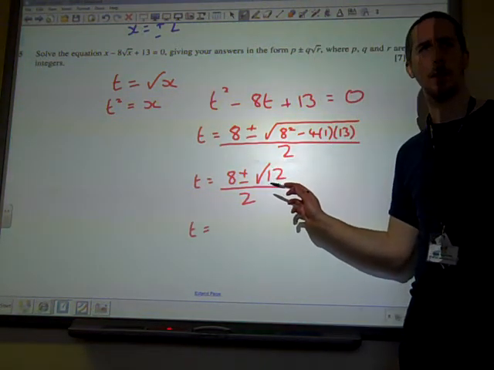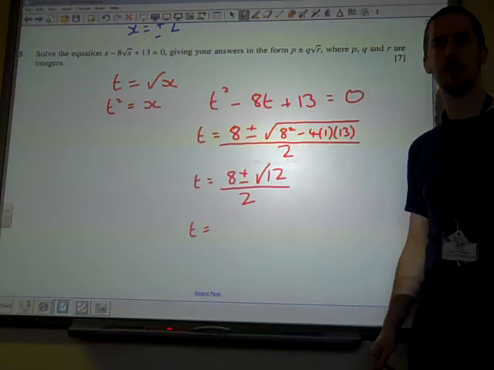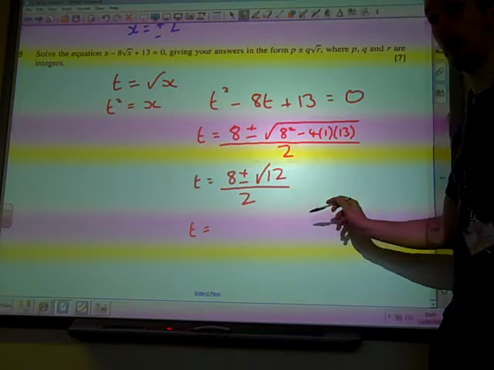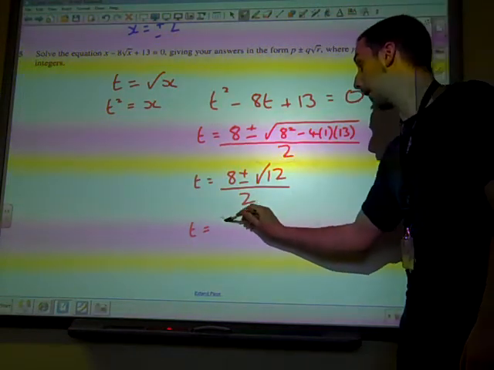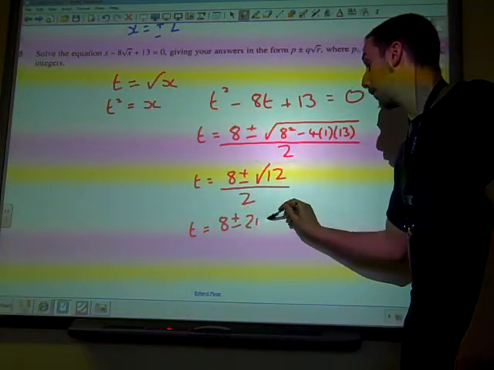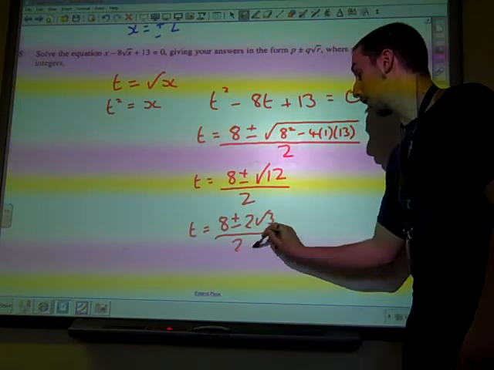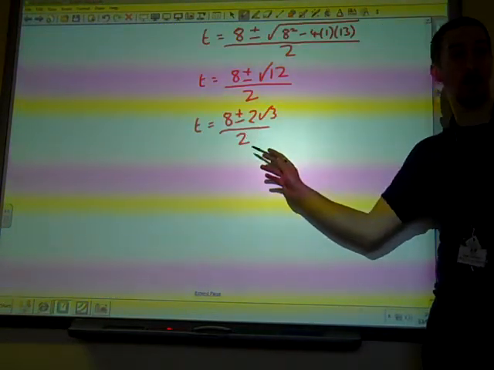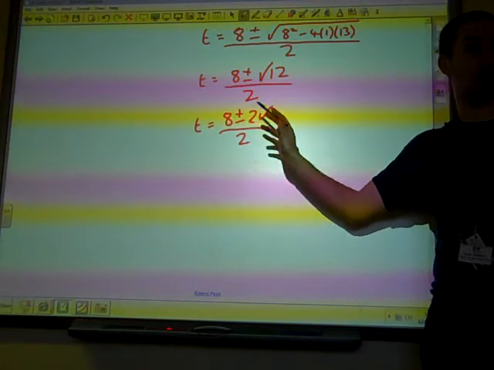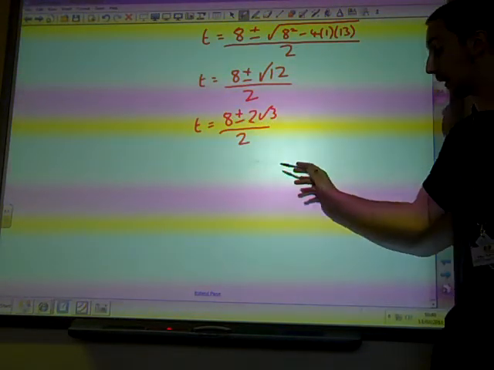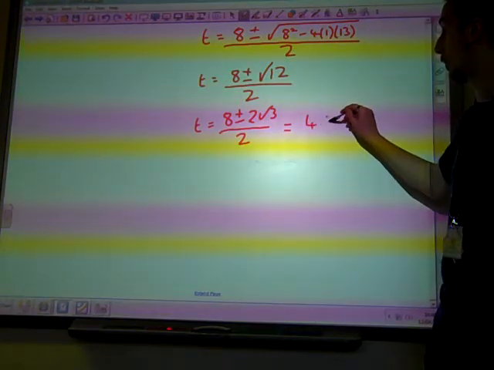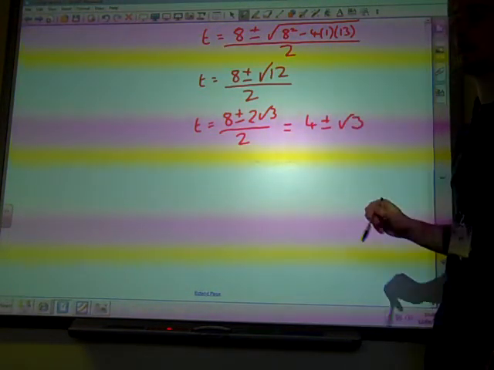And we started today with that. Root 12. 2 root 3, yeah, it's 4 times 3, so that is 8, plus or minus 2 root 3 over 2. Now only at this point can we divide through by the 2, because we've got a common factor on the top of 2. So we're going to divide both of the top terms, 4 plus or minus root 3.